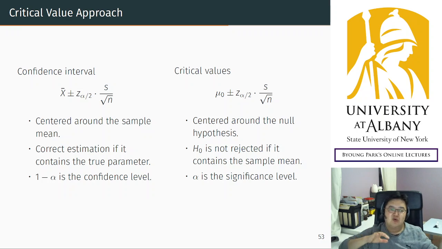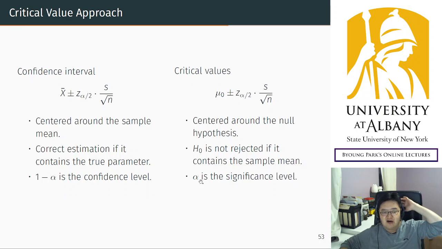So estimation and hypothesis testing are quite different, and the terminology is also different. Within the confidence interval, confidence level is denoted as 1 minus alpha. So usually 90%, 95%, or 99%. But I really hate this. In hypothesis testing, significance level uses alpha, like either 1, 5, or 10%. So oftentimes I say confidence level of 10%.